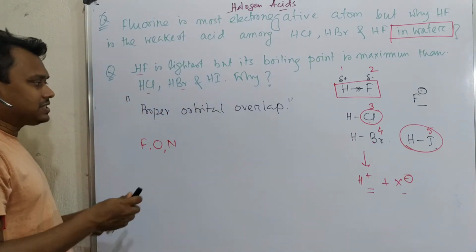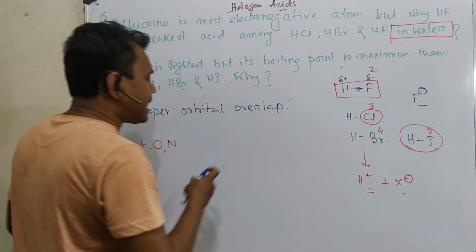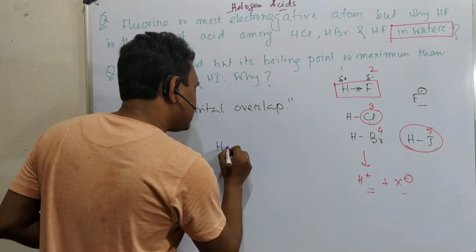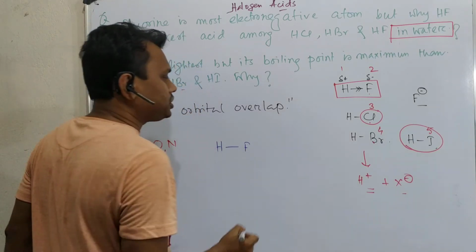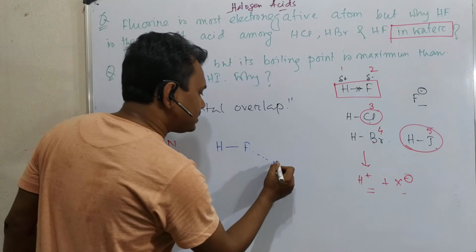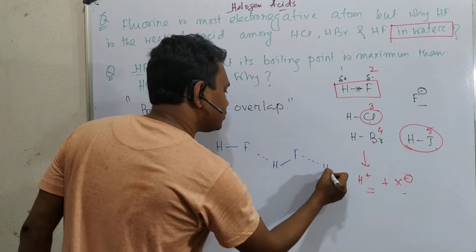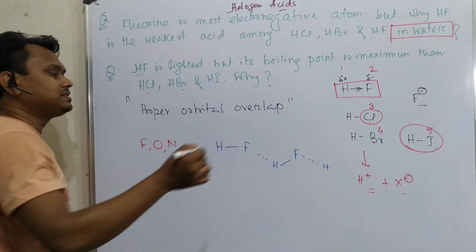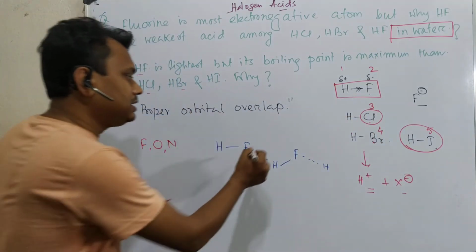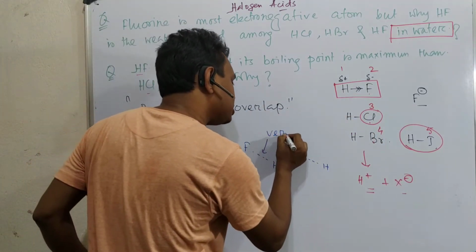So what happens in the case of HF? HF molecules can form hydrogen bonding very efficiently, with another hydrogen and another fluorine, so in this way they can form chain-wise hydrogen bonding, and this is a very strong hydrogen bonding.